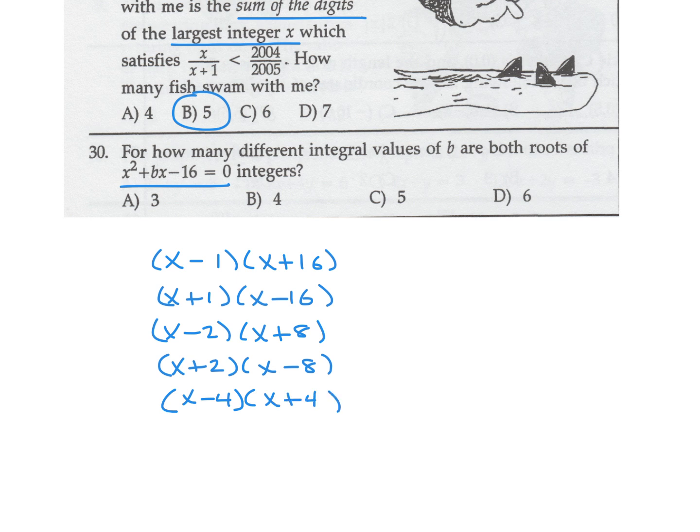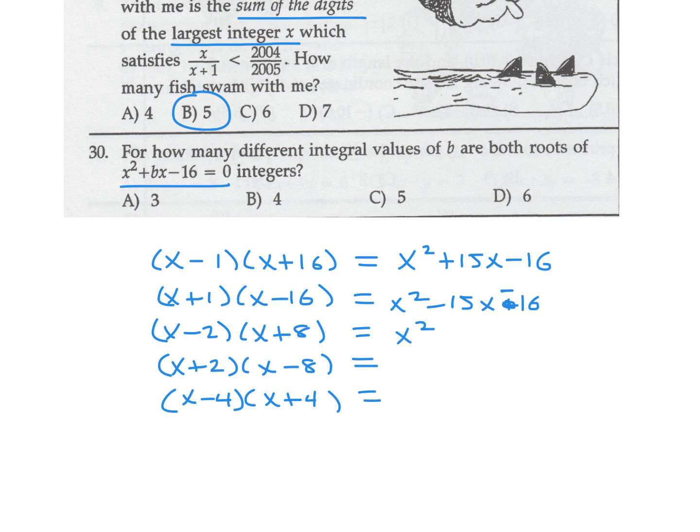Okay, so let's expand these and see what we get. We have x squared plus 15x minus 16, x squared minus 15x minus 16. Sorry, I think they all have to be minus 16.